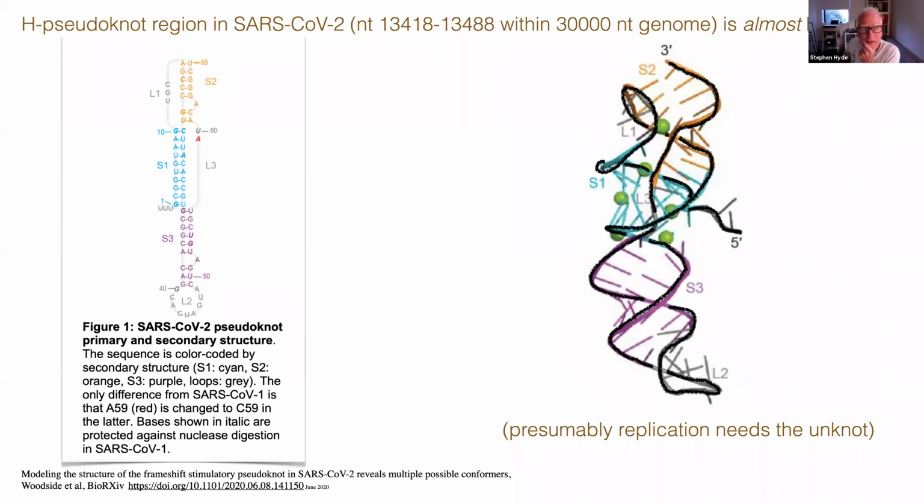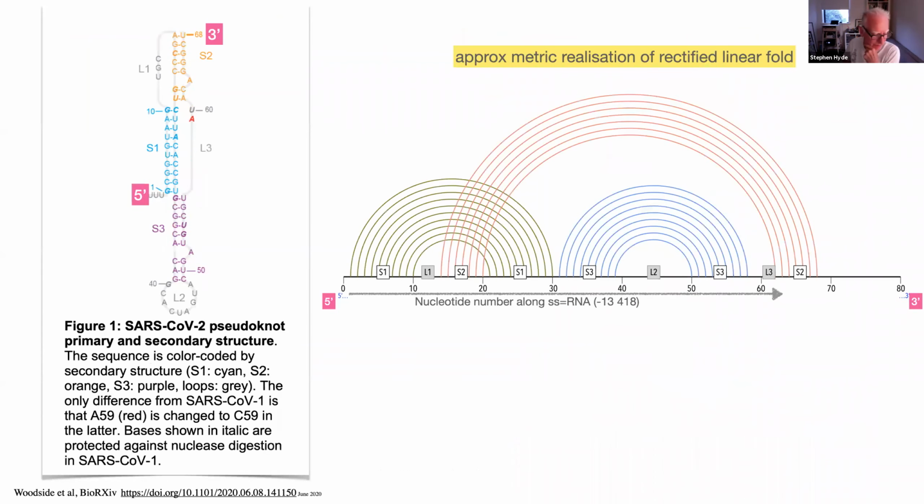Now let's look in detail at an H pseudoknot, and then I'll finish. This is the pseudoknot from SARS-CoV-2, the virus that causes COVID. This is very relevant, because some people are thinking, and I'll give you a reference in a minute, that it might be an interesting target to inactivate, because many nasty viruses, as I said, dengue, Zika, SARS, COVID, have this characteristic pseudoknotted fold in them.